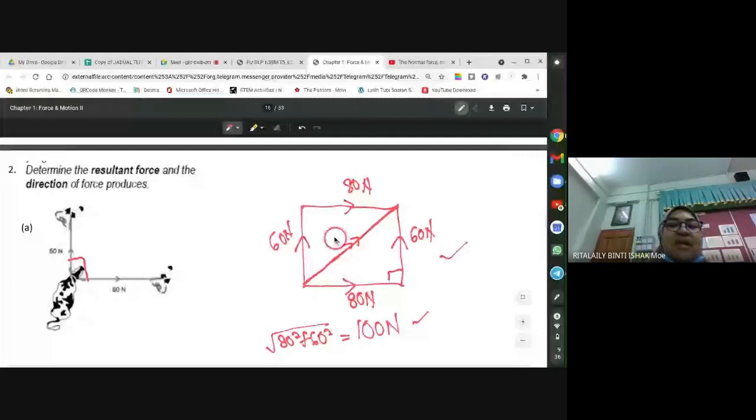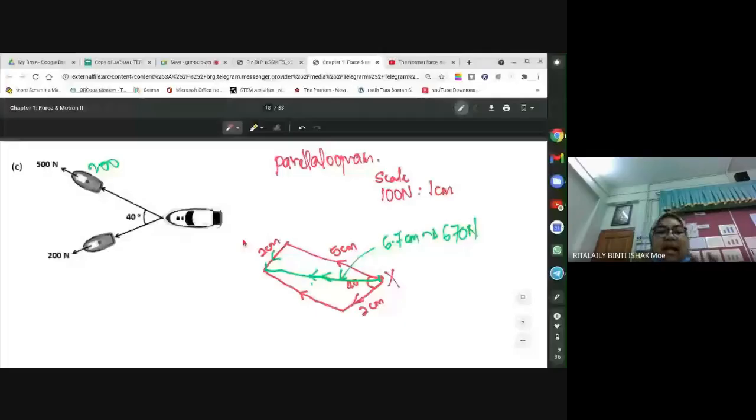Because to draw a parallelogram, you have to measure the angle accurately, but a 90-degree angle is easy to draw. And also if we have a diagram of forces exerted onto an object at an angle different from 90 degrees, the best method to calculate the resultant force is by using parallelogram.